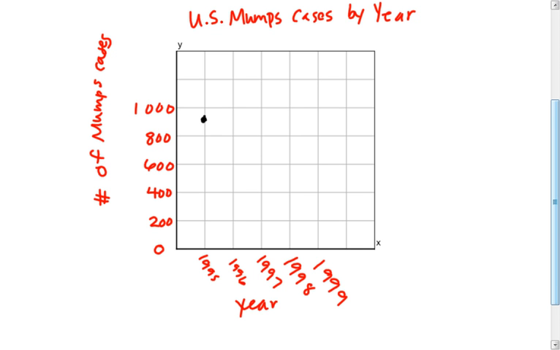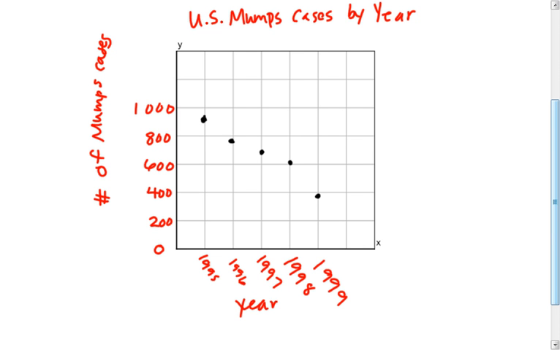Then 1996 and 751 will be right about there. 1997 and 683 will be about right there. 1998 and 606 will be about right there. 1999 and 387 will be right about here. Okay? So that's what my scatter plot would look like.